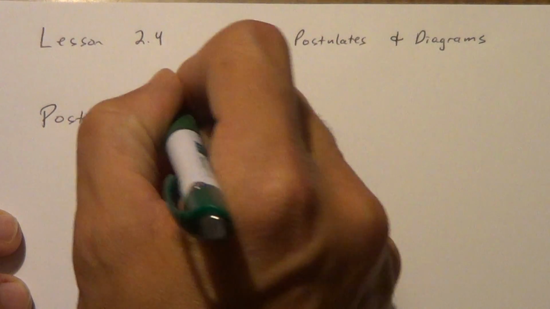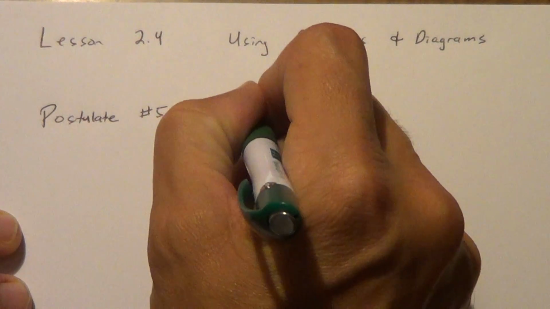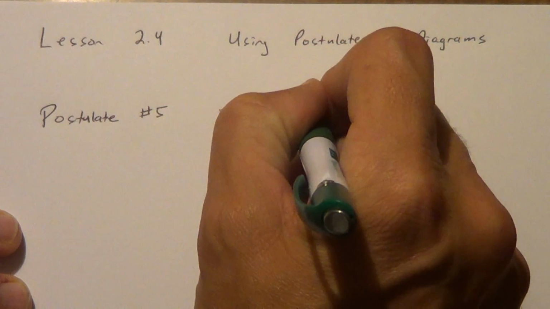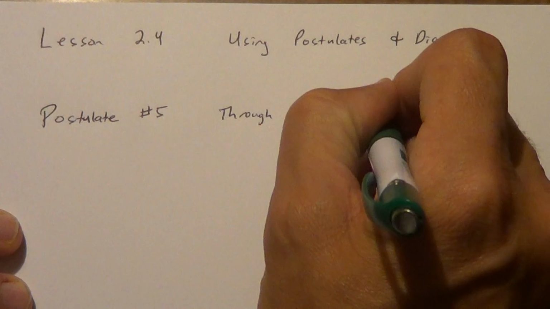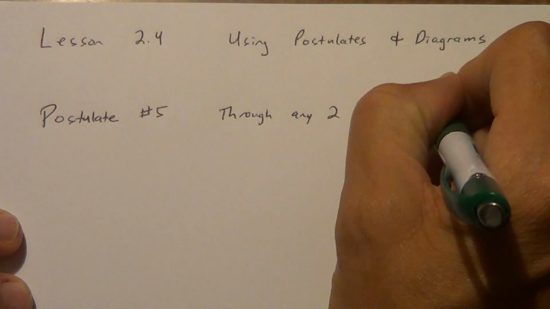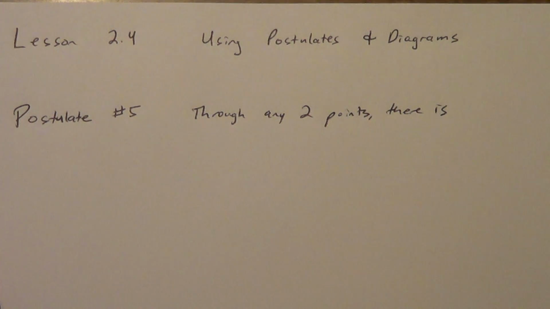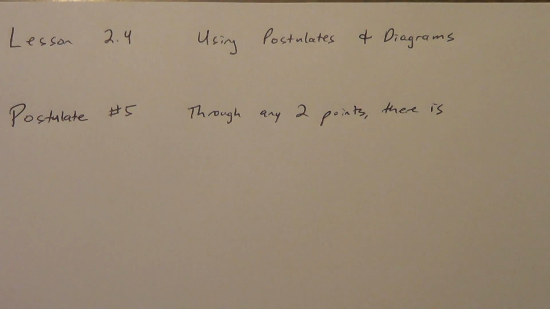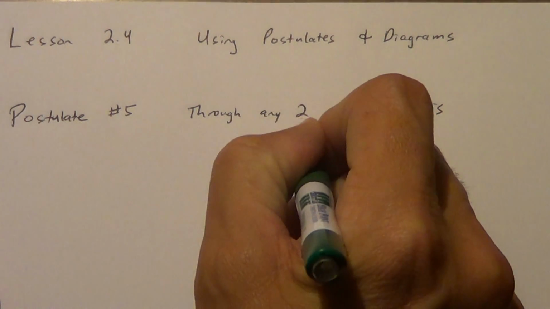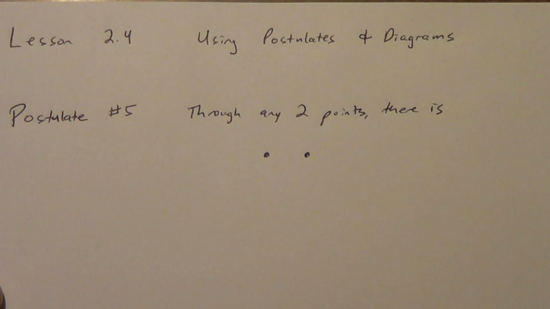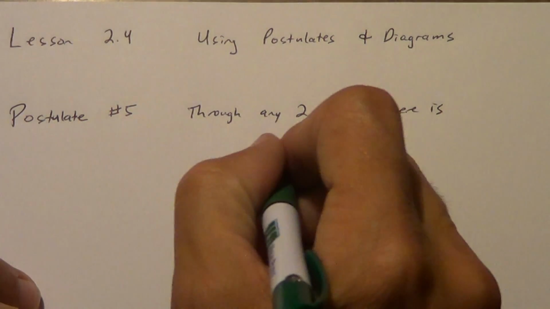So postulate number 5 says, through any 2 points, there is what? Alright, and this one you guys probably know the answer to already. We've actually talked about it at times. If I draw 2 points on a piece of paper, what can I draw through them? Well, we can draw a line through them, right?